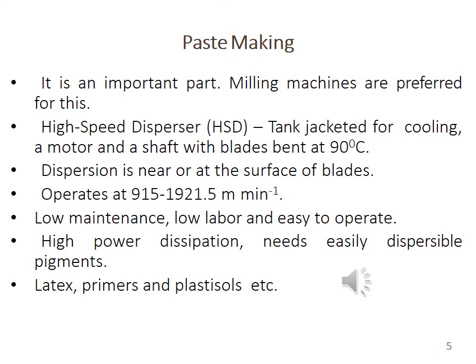It operates at 915 to 1921.5 meters per minute. So this high speed disperser operates at 915 to 1921.5 meters per minute.